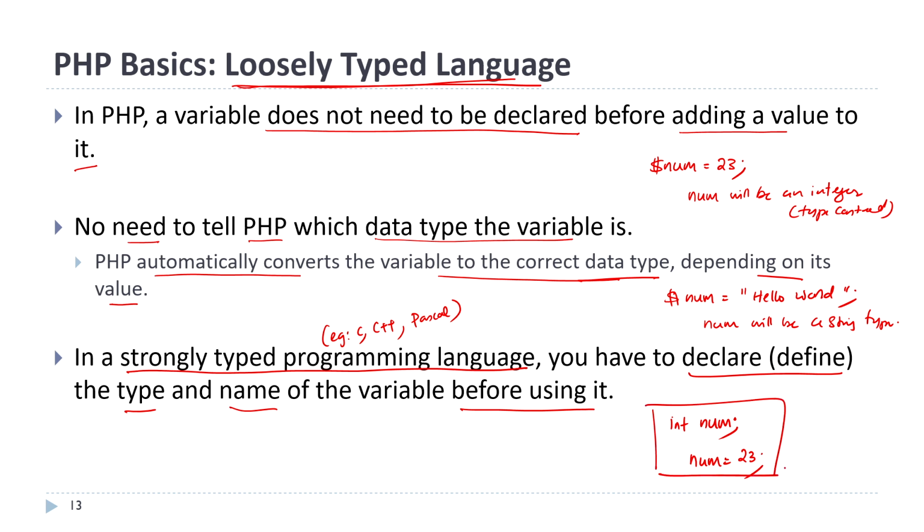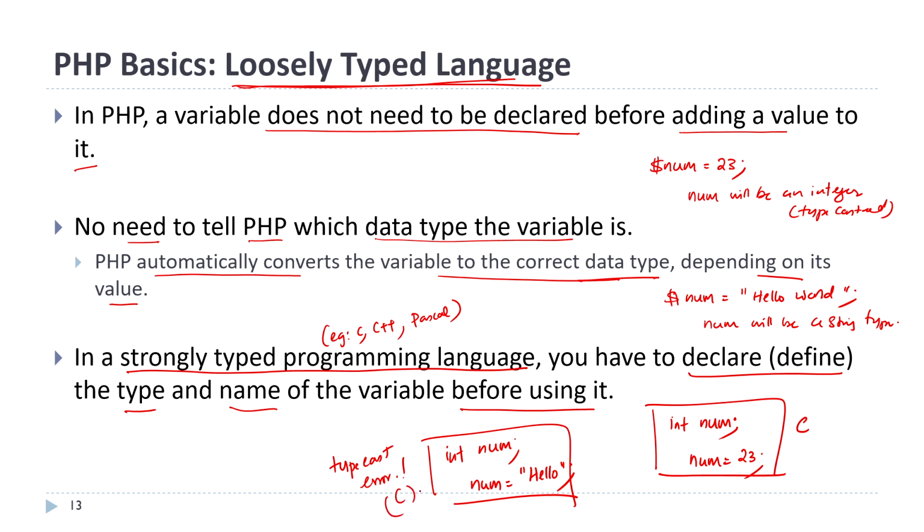This is C. If I do int num and I say num equal to hello, C will throw an error. This will give a typecast error. You have used the wrong type for the variable. So, with PHP you do not have to worry, because the language itself will do whatever is the appropriate typecasting.